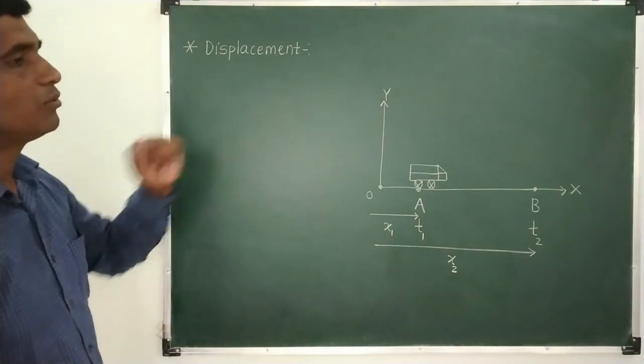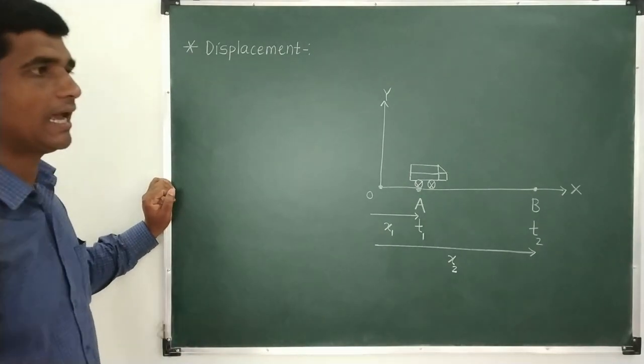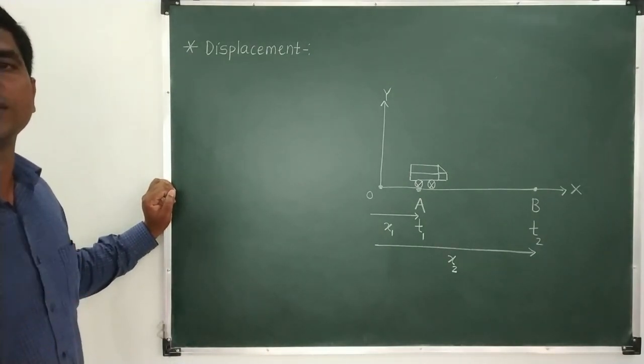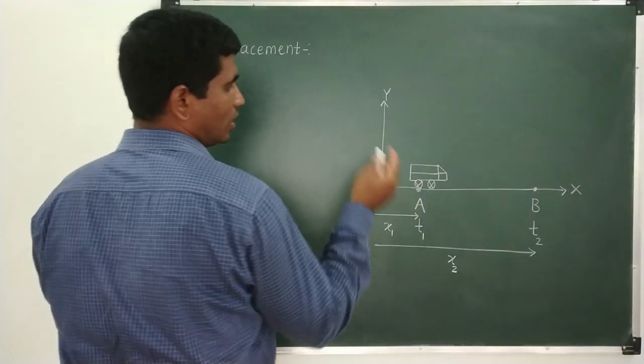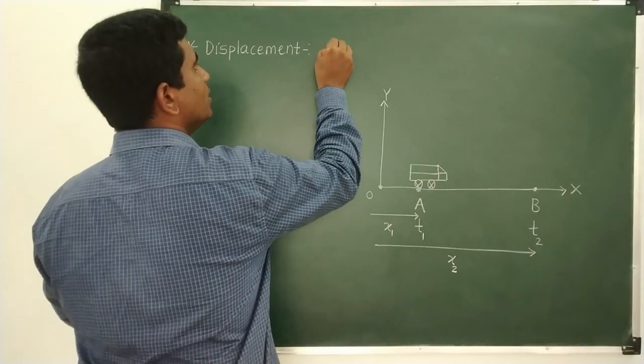Okay, now we have to discuss what displacement is. Displacement is defined as the change in position of an object which occurs over a certain time interval. So we will first note it down and then we will calculate the displacement over here. So I will write it over here.